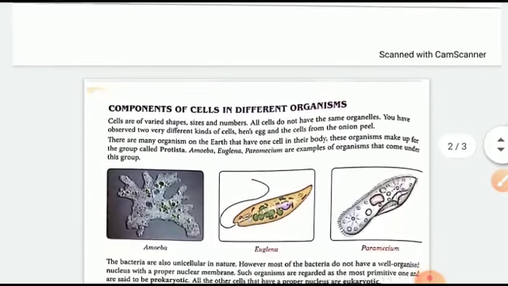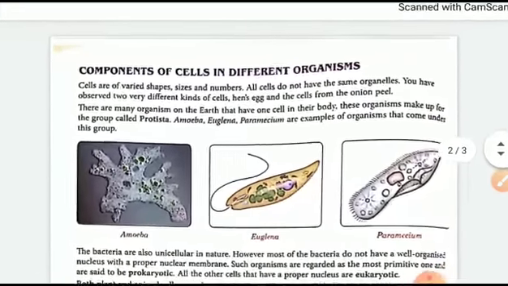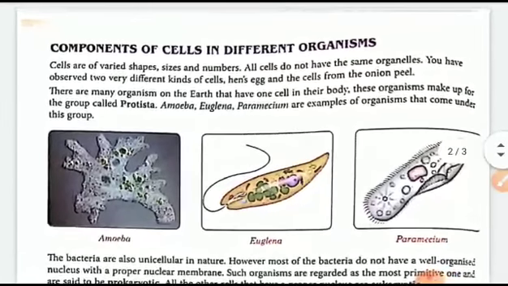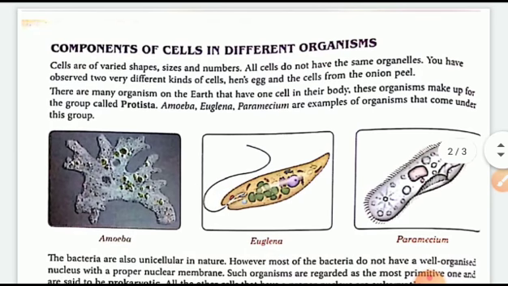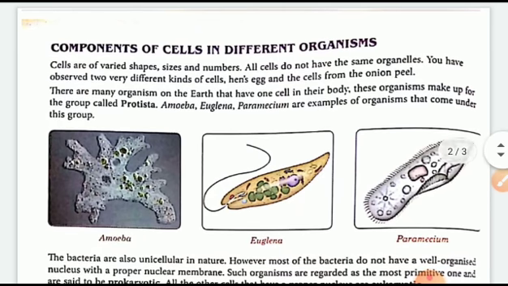The components of cells in different organisms. Cells are of varied shapes, sizes and numbers. All cells do not have the same organelles. You have observed two very different kinds of cells: the hen egg, which resembles the animal cell, and the cells from the onion peel, which resemble plant cells.